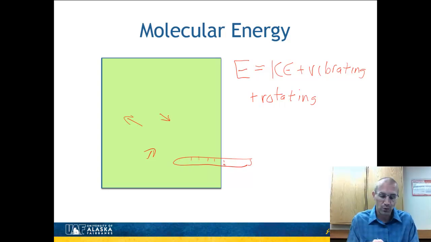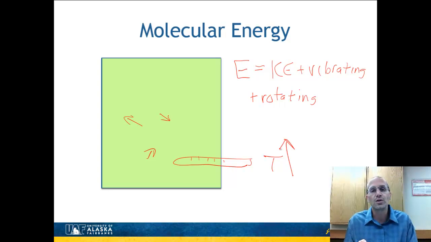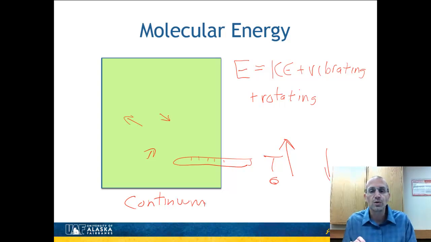And that thermometer would read a particular temperature. As the energy of the molecules increased, the temperature would increase. As the energy of the molecules decreased, the temperature would decrease. So therefore, temperature is a way to measure the total energy of all those molecules without looking at the detail. That is called the continuum approximation. I'm taking the details of the molecules and smearing them out into a continuum.